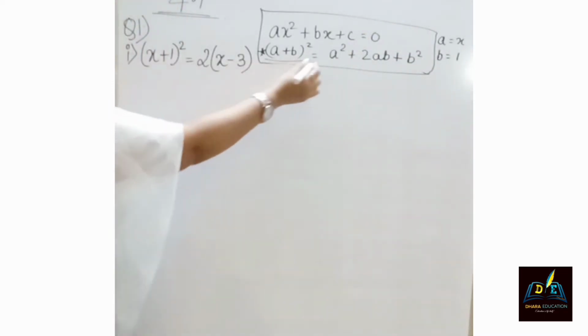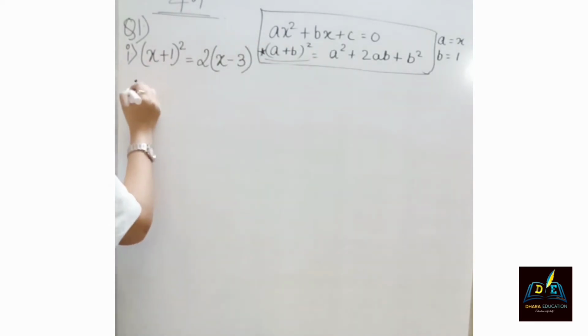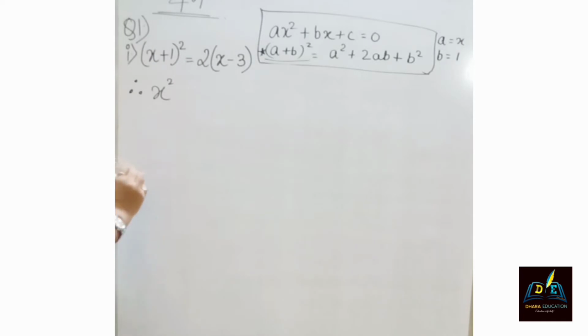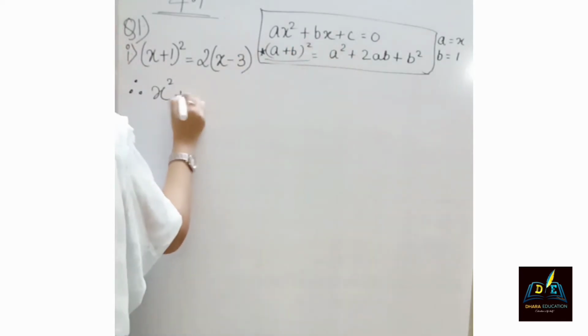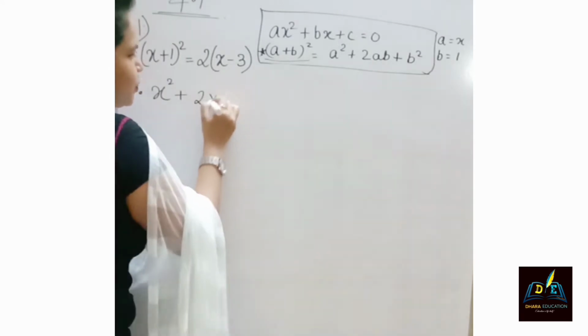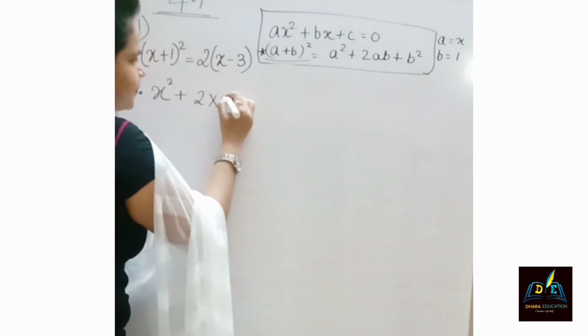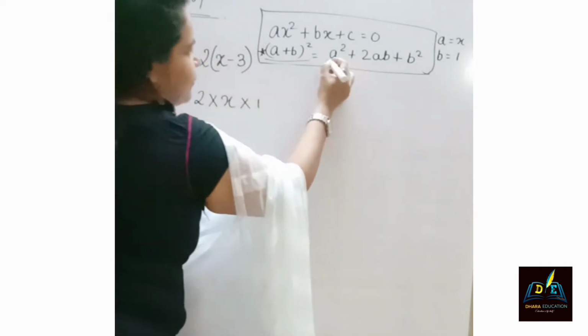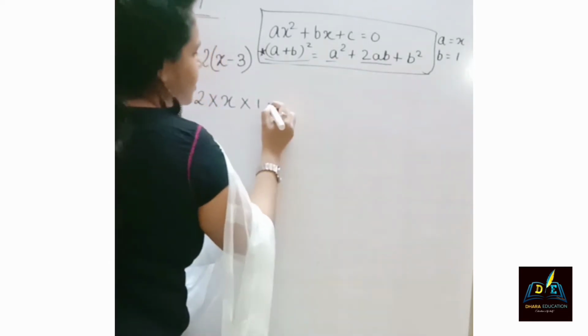Here it is a square, it means we will write x square. Then plus 2ab, it means 2 is going to be multiplied with x and also with 1. We have done this.